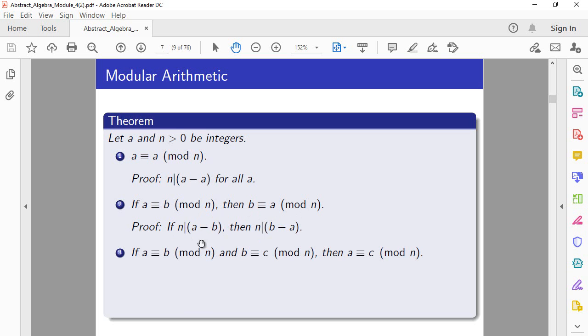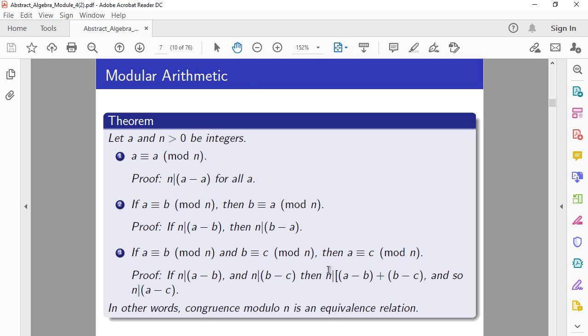And lastly, let's check the transitive property. If a is congruent to b mod n, and if b is congruent to c mod n, then a must be congruent to c mod n. Why is that the case? Well, if a is congruent to b mod n, it means that a minus b is divisible by n.